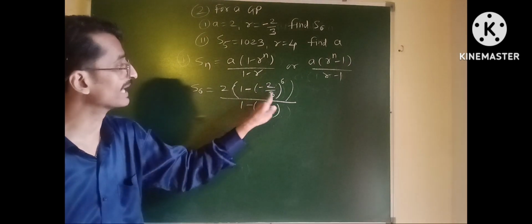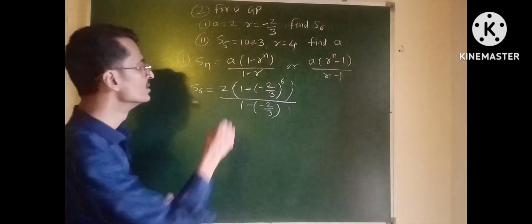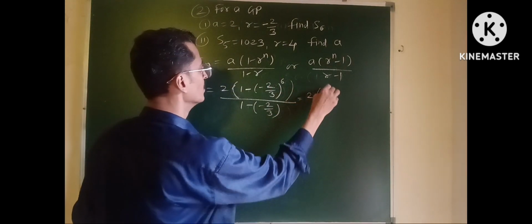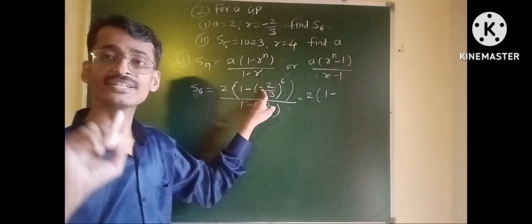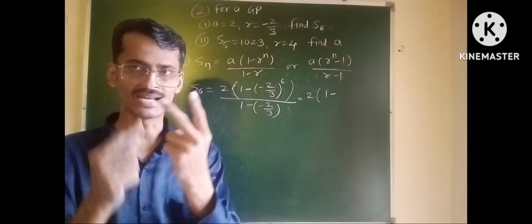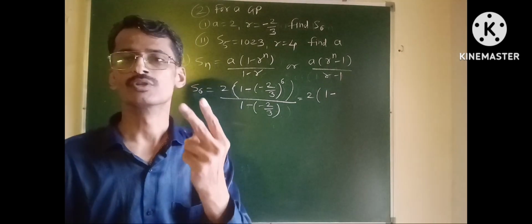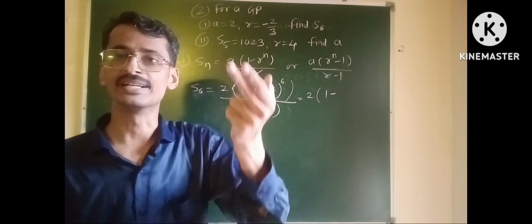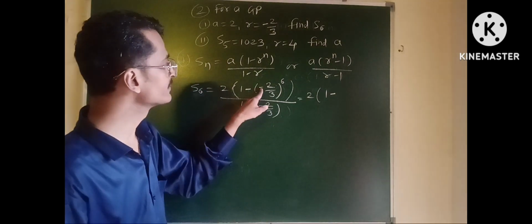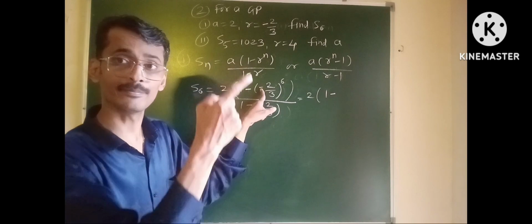This is a minus bracket raised to 6. So write the same, 1 minus, write the same, this minus, write the same. Now minus raised to 6. We know that minus into minus is plus. So if we write raised to 2, 4, 6, that is an even number, minus becomes plus. So here this will become plus.